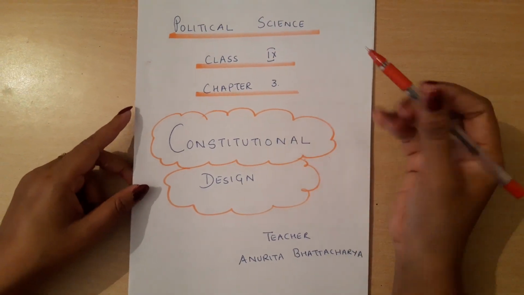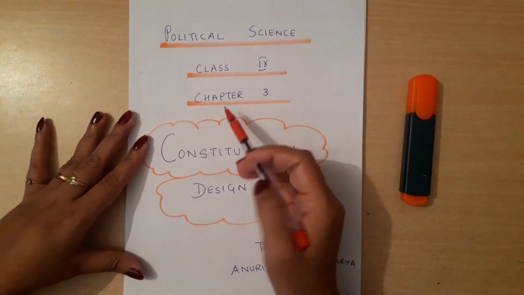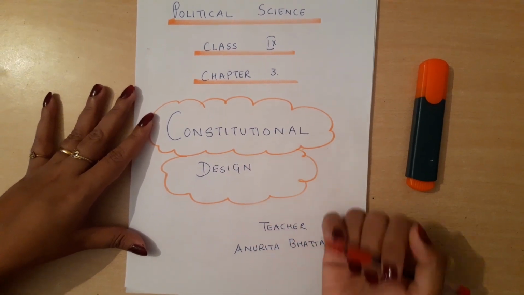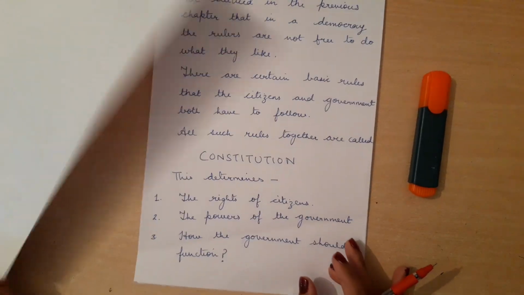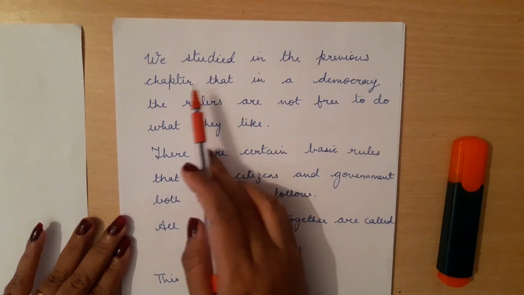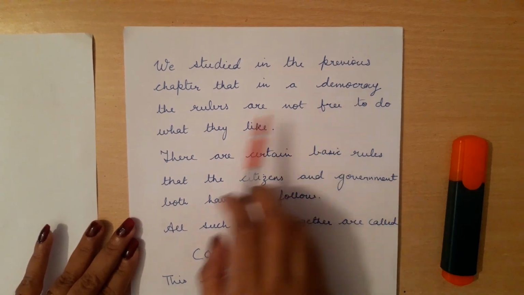Now, children, this is our Political Science Class 9, Chapter 3. We are going to start today, Constitutional Design. Now, we studied in the previous chapter that in a democracy, the rulers are not free to do what they like.